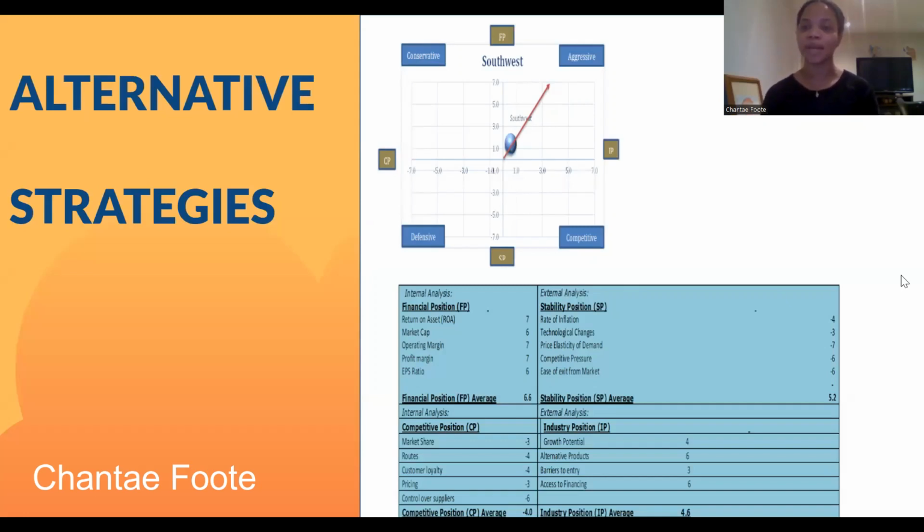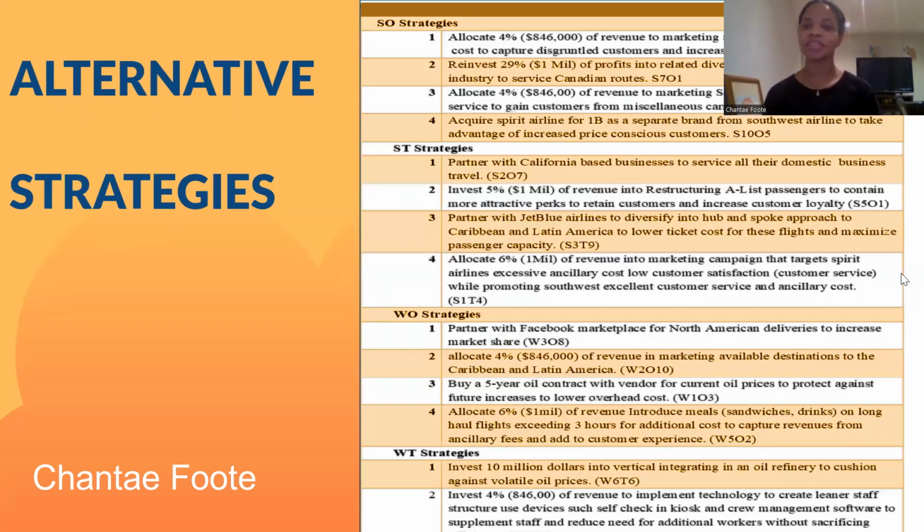Southwest can explore market penetration, market development, diversification, and acquisition. Equipped with this information, we formulated strategies using the TOWS matrix that can be used to help Southwest to address its most pressing concerns.